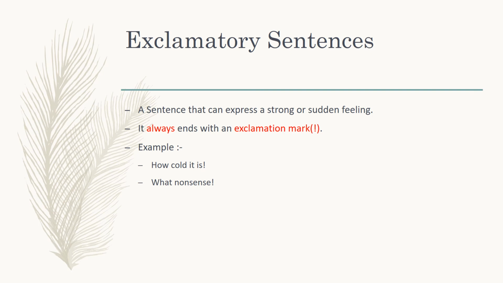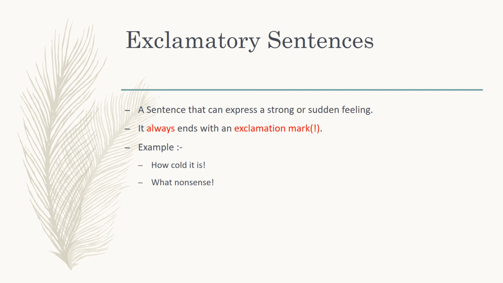Okay. Now we have the exclamatory sentence. So from the word itself we can understand what an exclamatory sentence is. It is an exclamation or a sudden feeling that is expressed. So it is called an exclamatory sentence, and we all know that an exclamatory sentence should always end with an exclamation mark. That is important.